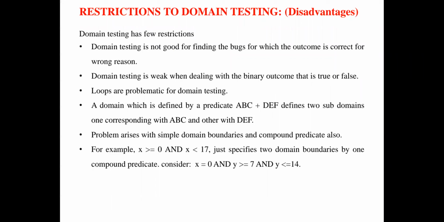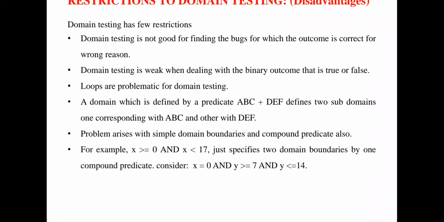Domain testing is not good for finding the bugs for which the outcome is correct for wrong reasons. So you are performing on a wrong reason and it produces an outcome that is considered correct output. The reason is one, but the output is another. That is the main disadvantage of domain testing.